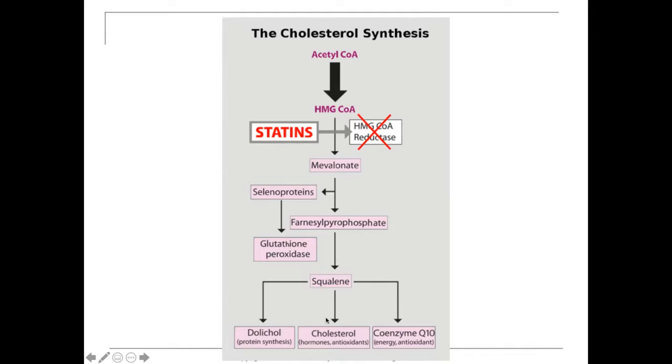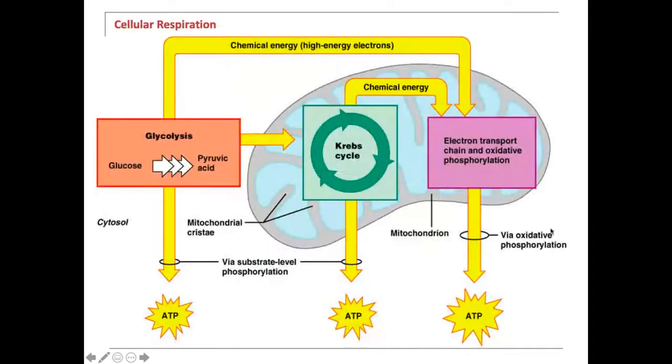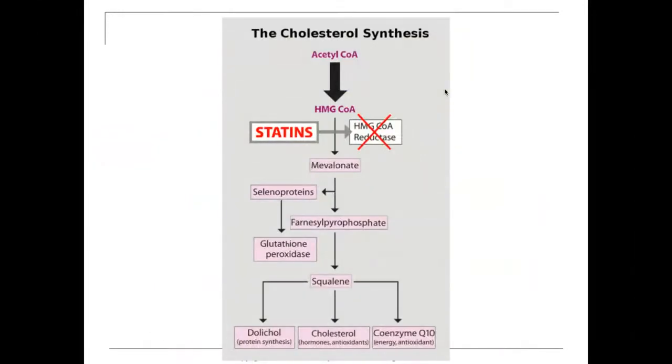This very important biochemical pathway is not just needed to make cholesterol, but CoQ10, and CoQ10 is needed by the electron transport chain to make energy. So a lot of people end up depleting CoQ10, and the mitochondria can't make enough ATP. And where do you find the most mitochondria? Muscles, skeletal muscle, cardiac muscle.